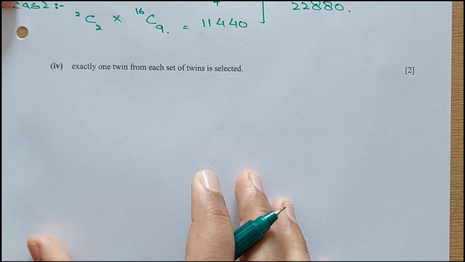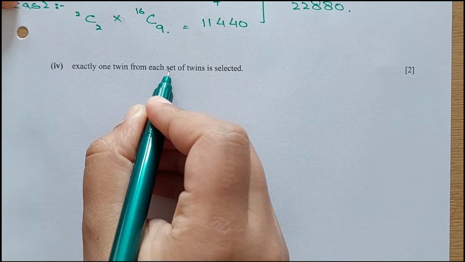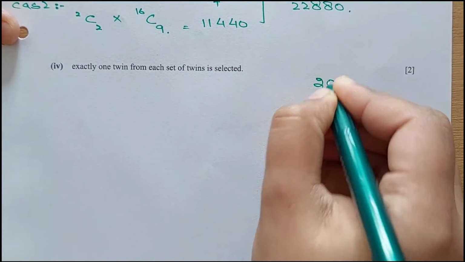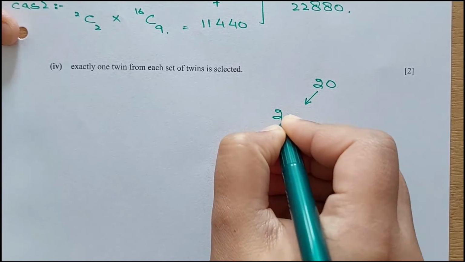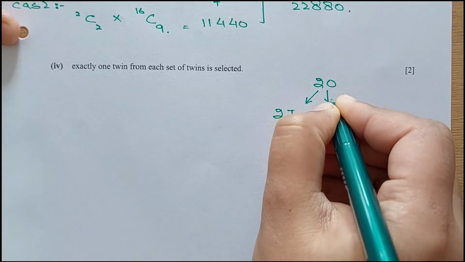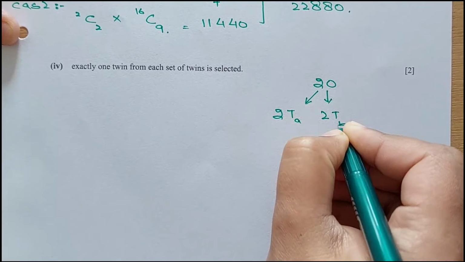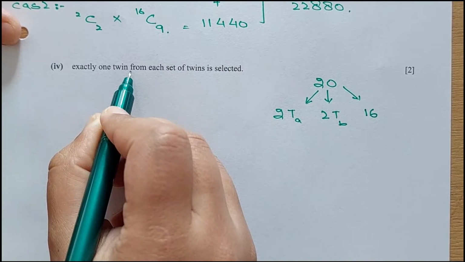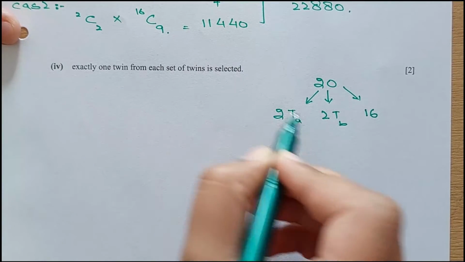Now for the fourth part, exactly one twin from each set of twins is selected, right? So again, if I draw from the 20 people, we have 2 twins of set A, we have 2 twins of set B, and the remaining people are 16. And the question is exactly one twin from each set of twins is selected.